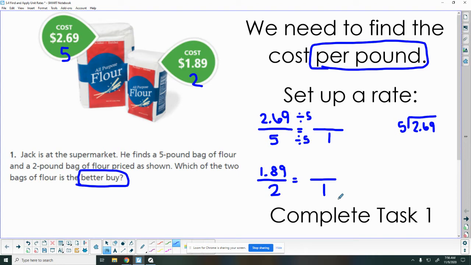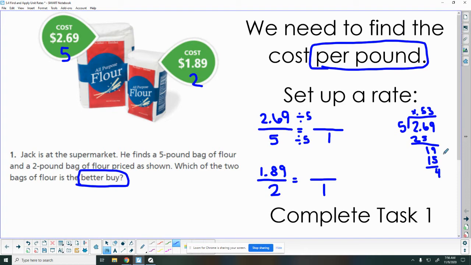I want you to pause the video and see if you can come up with that answer. Remember, your decimal will go straight up, and then come back and check your work with me. So I know 5 can't go into 2, but it can go into 26 5 times, which is 25 and 1 left over. And it goes into 19. 4 is too big, so 3 times. 3 times 5 is 15.